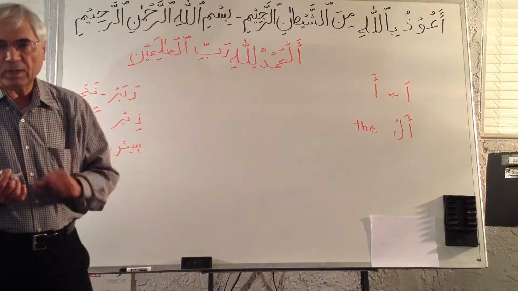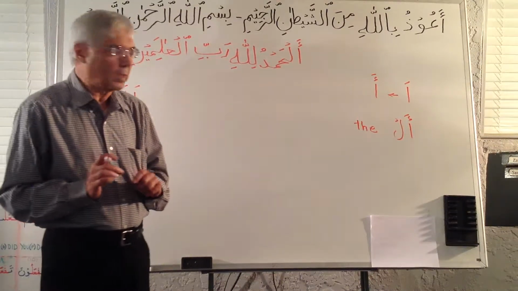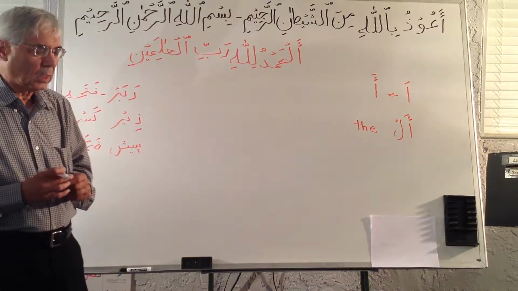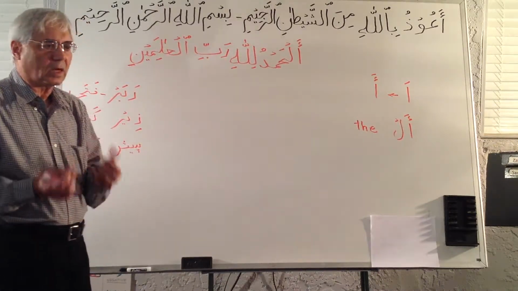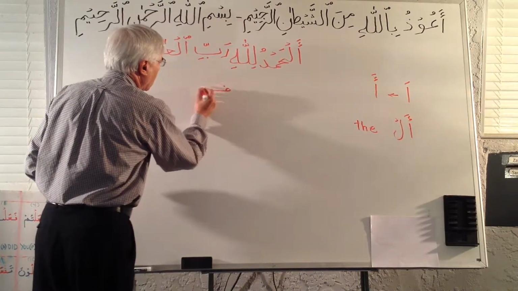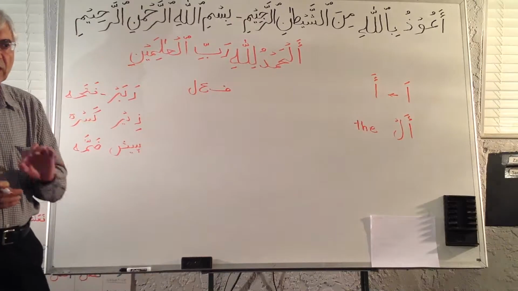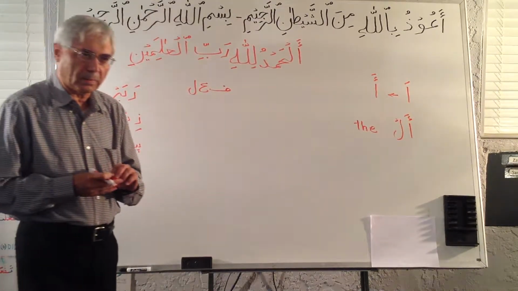Then also I have given a table which is the very basic and fundamental grammar that we'll be using again and again for reference. And that table uses three letters as the starting point. And those are fa, ain, and lam. These are the three letters which we use to learn all the Arabic grammar.